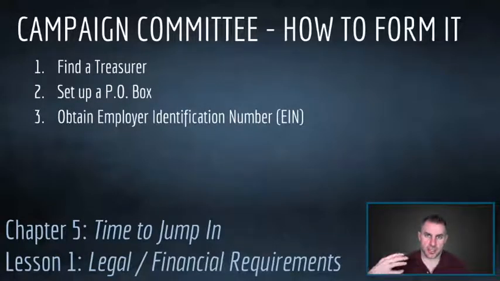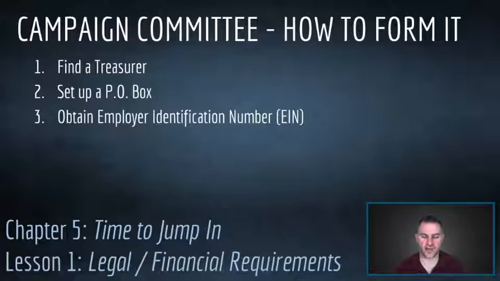If you haven't worked on anything that required an EIN, like forming a small business or working in payroll at a big company, it's basically like this: the government identifies me, Chris Moore, with my social security number. If you had a barcode on your arm, which would be crazy and scary, mine would say my social security number. The employer identification number is what is used to identify corporations and other legal entities in the eyes of the federal government.